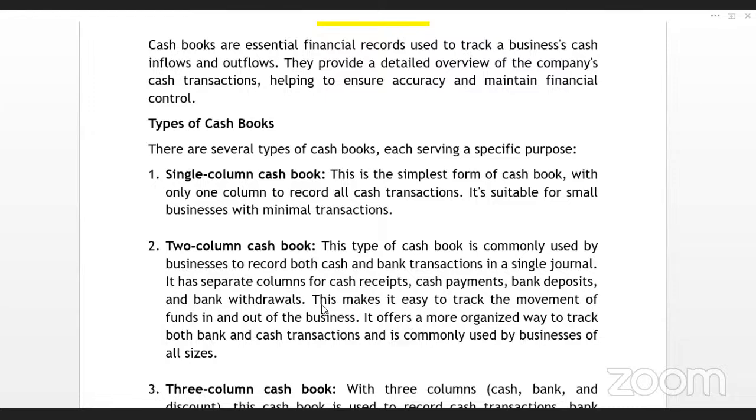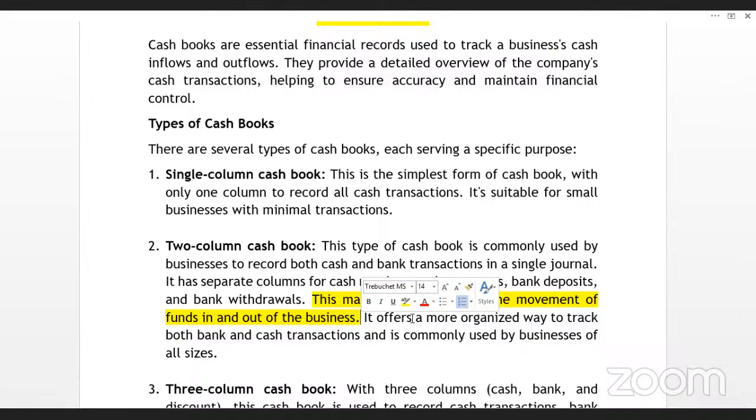Now, this two-column cash book makes it very clear and easy to track the movement of funds in and out of the business.